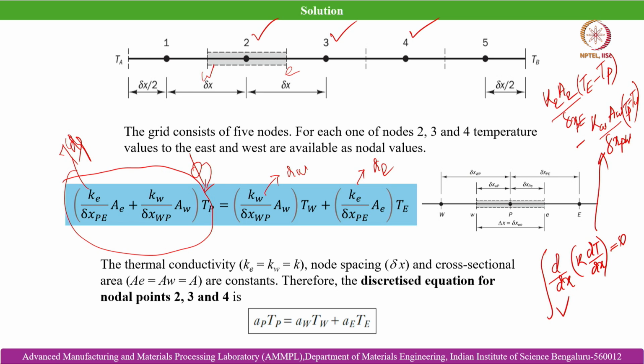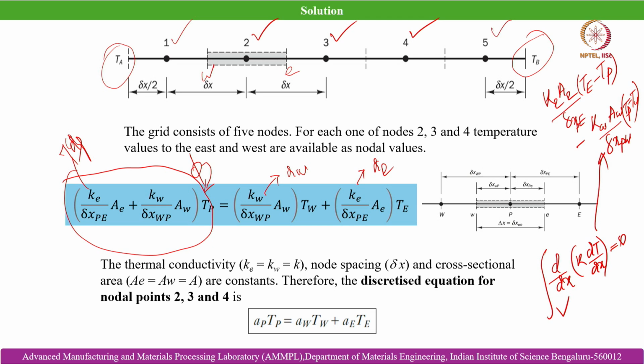The node spacing is delta x between two grid points. The only difference is the distance between the left boundary and the nearest node, node 1, and between the right boundary and node 5. That distance is delta x by 2.